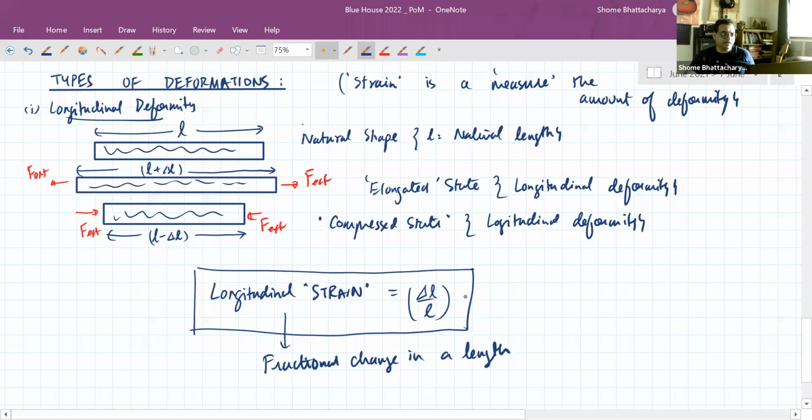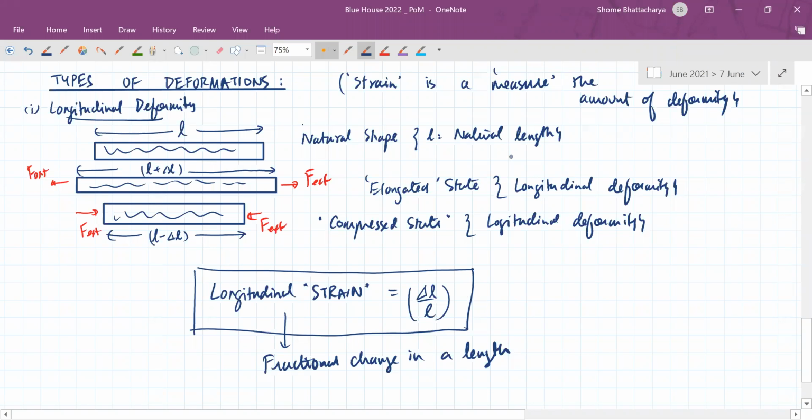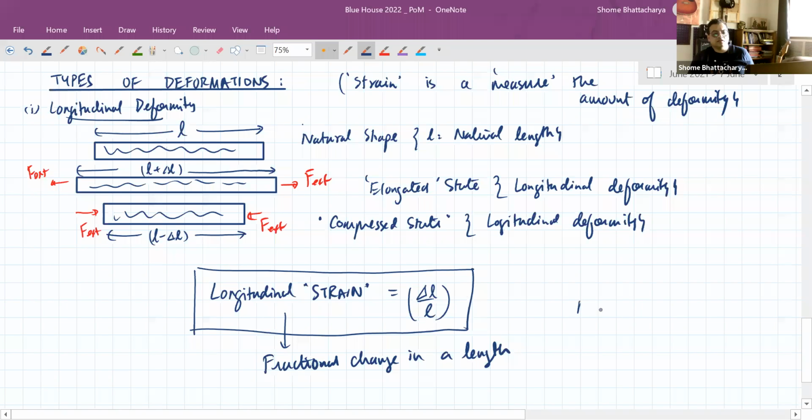Okay, is it clear what strain means in general? Now, additionally, you can see that strain is a dimensionless quantity or a unitless quantity, because it's always a fractional change. Whereas stress is something else.